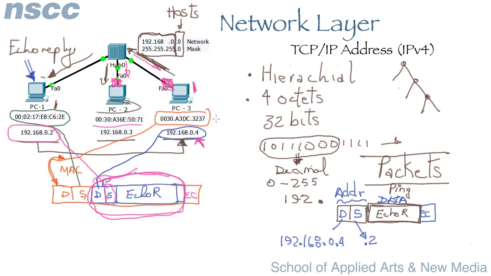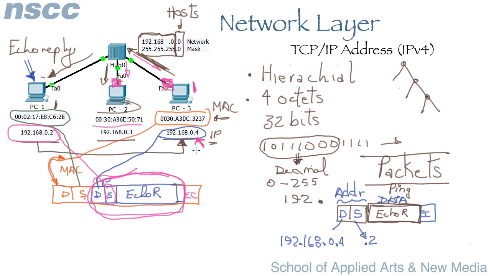We've talked about two types of addressing which is important: the MAC address and the IP address. The MAC address is burned into every network card. It makes every network card in the world unique. But it is not very logical. It's not easy to find a distant network machine by its MAC address.